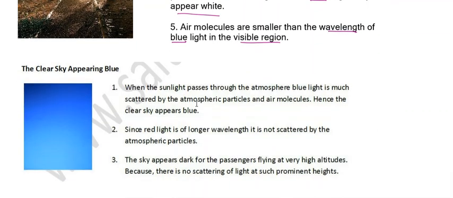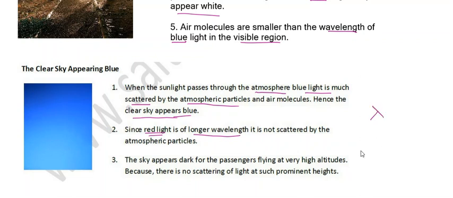Now, let us discuss why the clear sky appears blue. When the sunlight passes through the atmosphere, blue light is much scattered, as I already discussed, by the atmospheric particles. So the clear sky appears blue. Red light has a longer wavelength. How do we represent the wavelength?